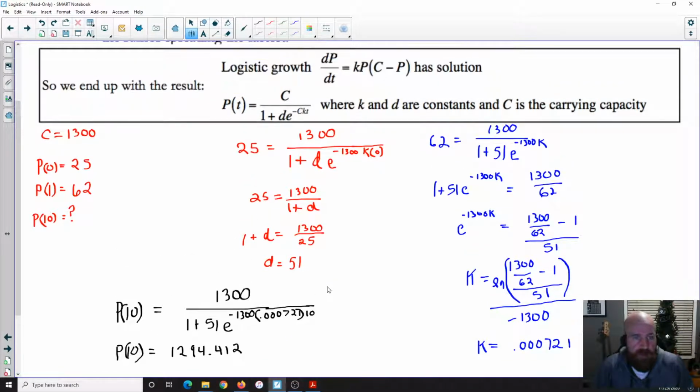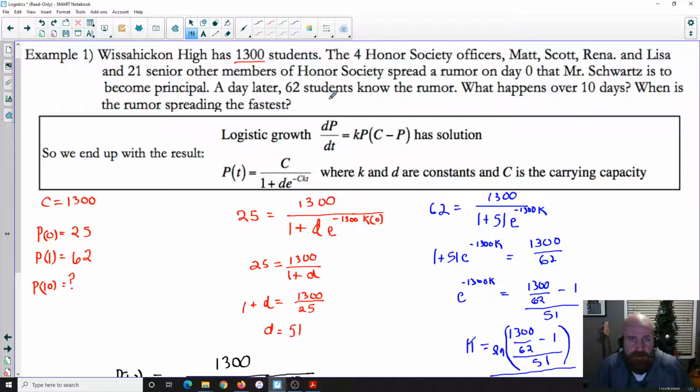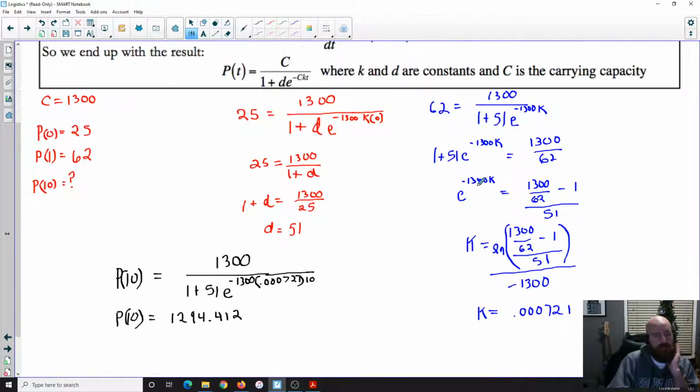So we have that. Now we need to find, it says, when is the rumor spreading the fastest? If we think hard about this, we've dealt with problems like this before. We need to maximize our equation to find out when we have the fastest growth rate.